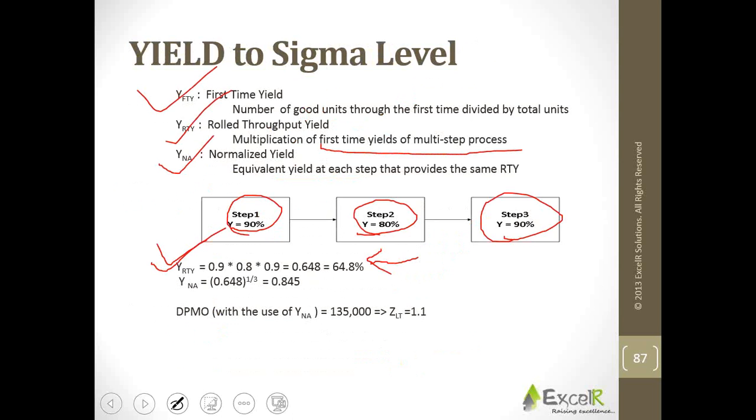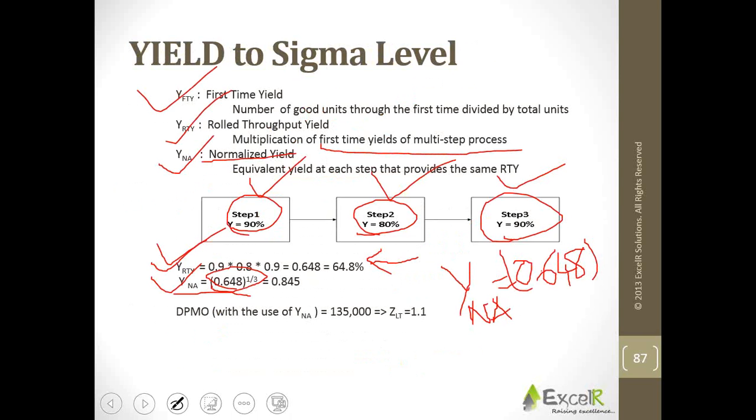If I want to calculate normalized yield, then I just take the cube root because there are 3 steps. If there are 2 steps, normalized yield is equal to 0.648 to the power 1 by 2.